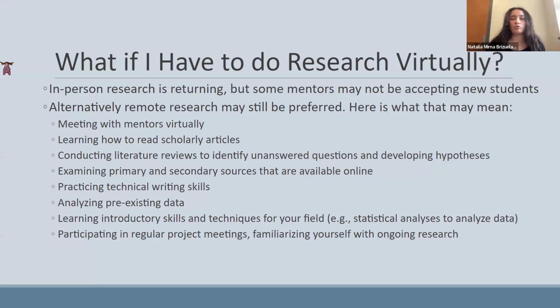For example, writing a science paper is much different than writing a paper for a speech, or writing a paper for English, or writing an essay, or writing an engineering proposal. Those are all going to be very different styles. So with some of this research, like virtual research, you can really learn how to practice those skills.